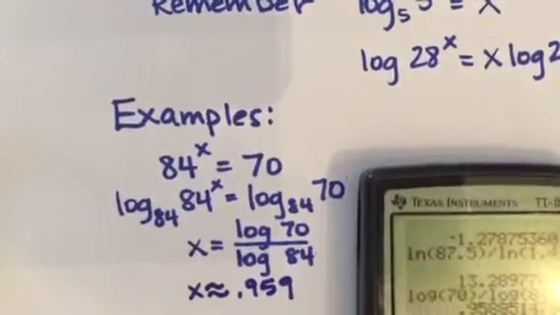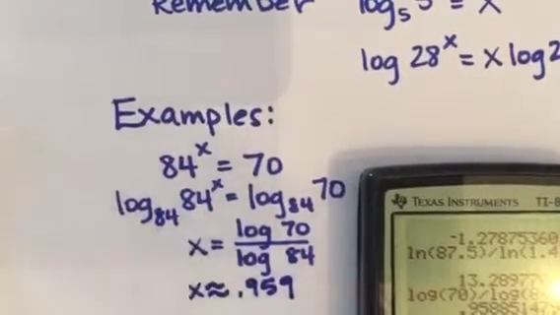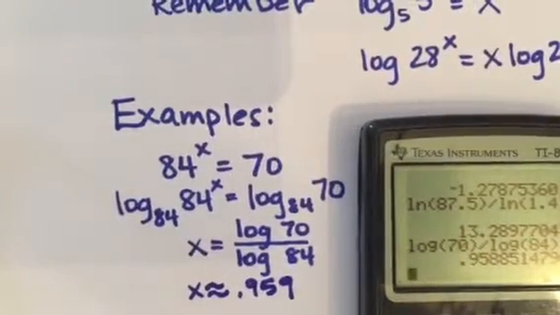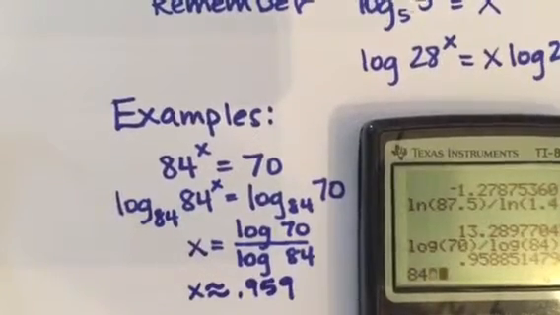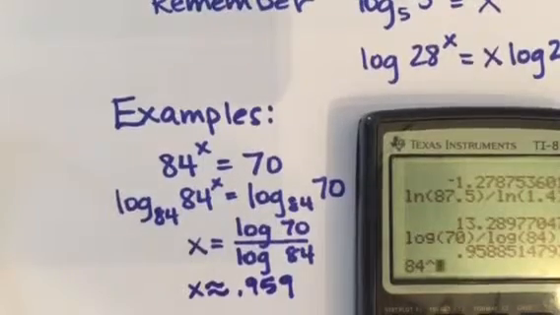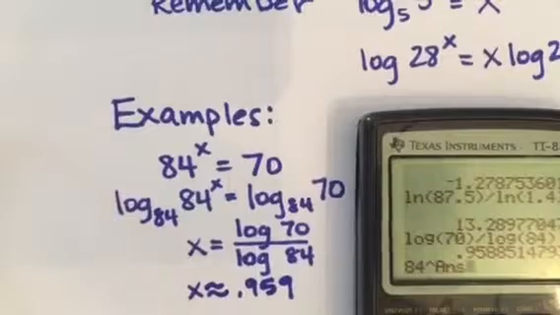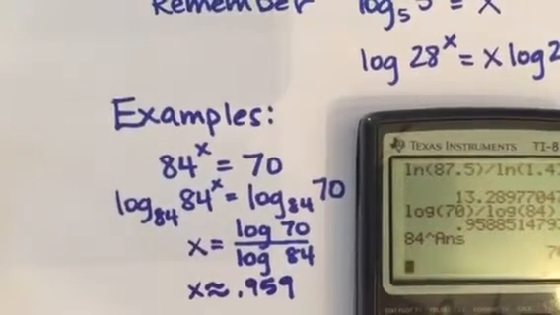Now, if I were being assessed on something like this, I would take what I think is the answer and sub it back in and see if it satisfies my initial equation. So I'm going to take that 84 and raise it to, using that handy dandy trick of calling the last answer, second answer, and see what I get as a result. Oh, 70, yay, I have the correct answer.